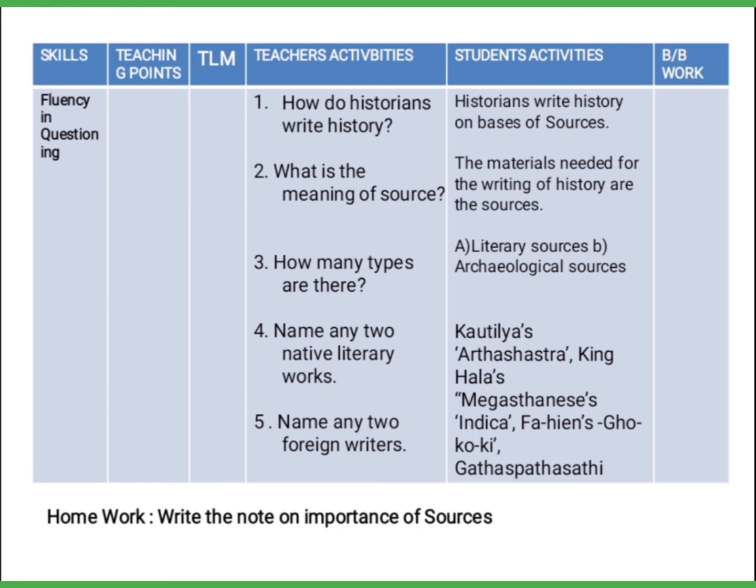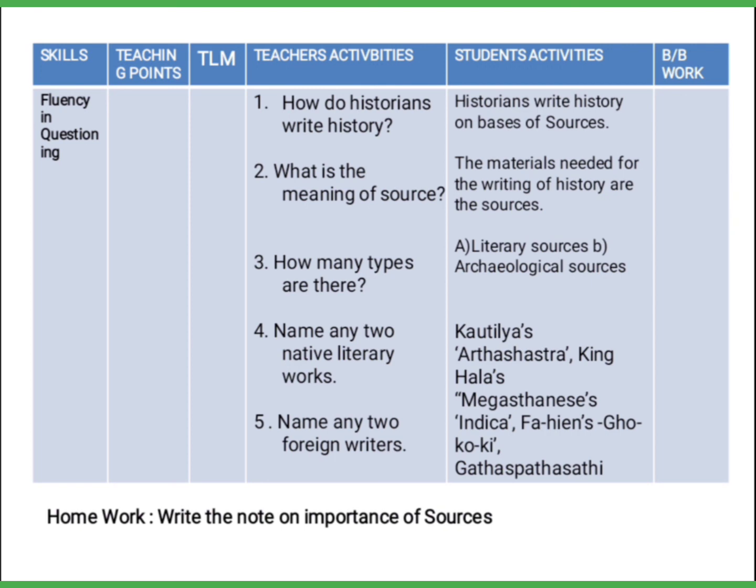Here the fourth question is what? Name any two native literary works. Kautilya's Arthashastra and King Hala's Gatha Saptashati. Then name any two foreign writers. Here, Indica: Megasthenes wrote the book named Indica.